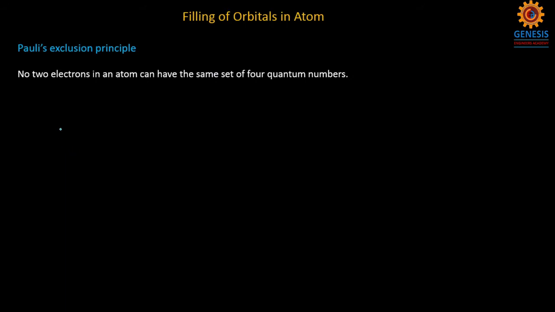Now Pauli's exclusion principle. No two electrons in an atom can have the same set of 4 quantum numbers.